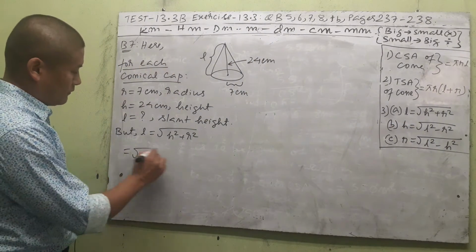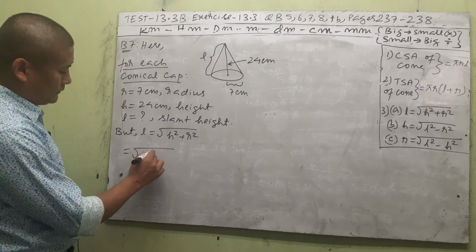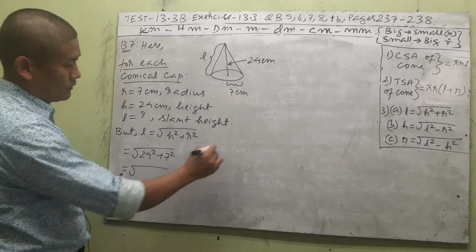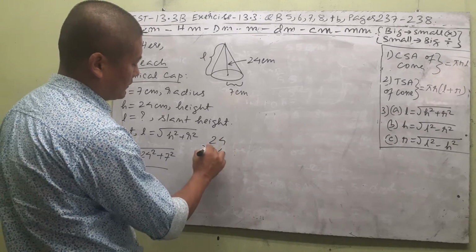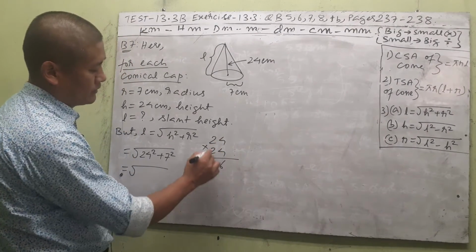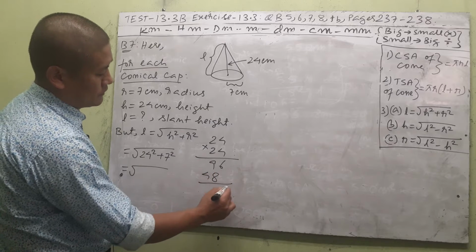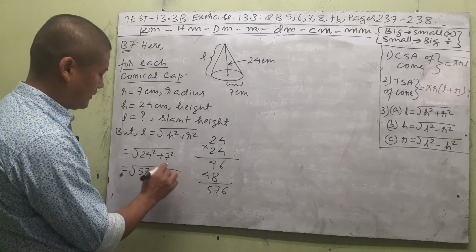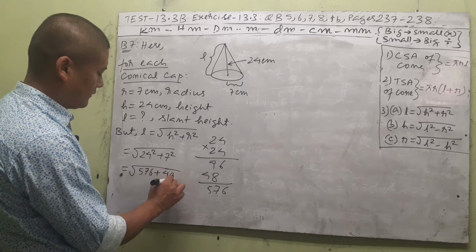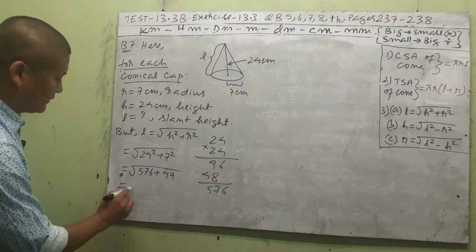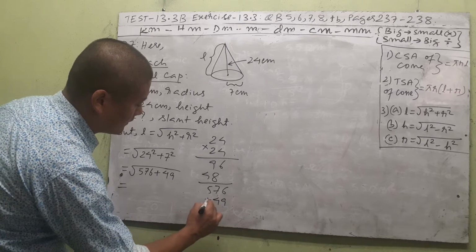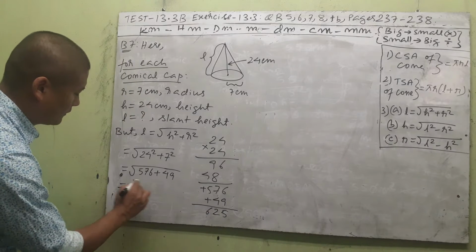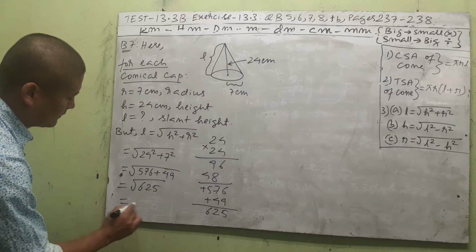That will be root over 24 squared plus 7 squared. 24 squared is 576, and 7 squared is 49. Adding 576 plus 49, we get 625, root of 625.